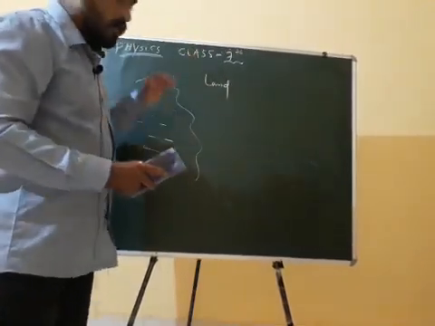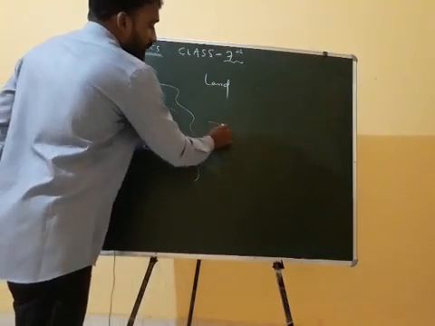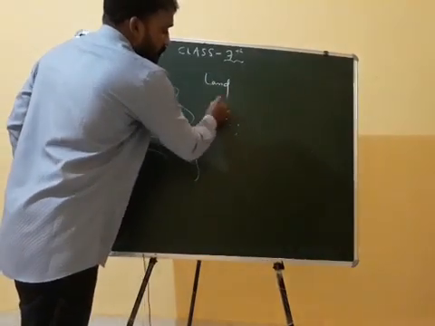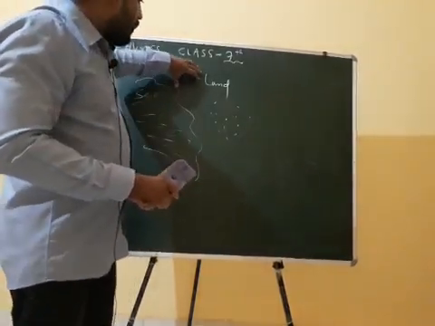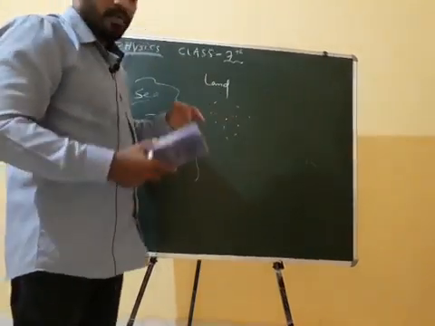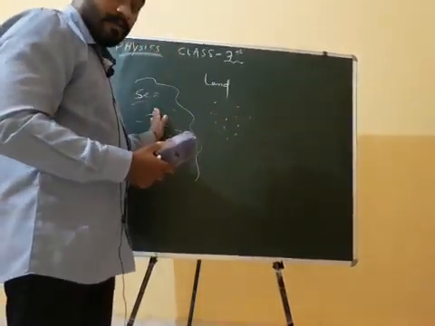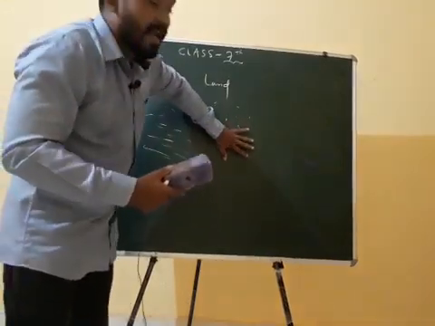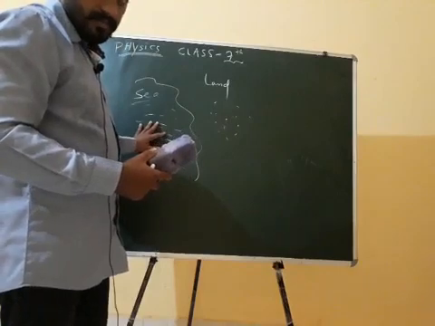When sun rays fall on both sea water as well as land, land becomes hotter faster as compared to sea water.